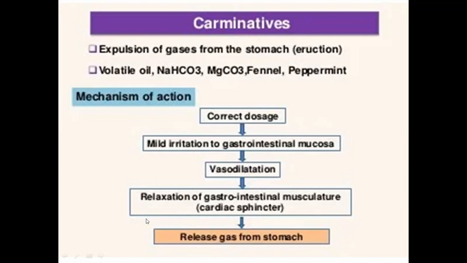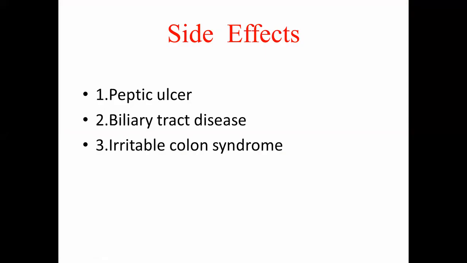Because of vasodilation, there is relaxation of GIT muscle, that is relaxation of sphincters. Sphincters are muscles. Because of relaxation, they release gas from the stomach, that is, they expel gas from the GIT tract. By this way, carminatives show their mechanism of action.